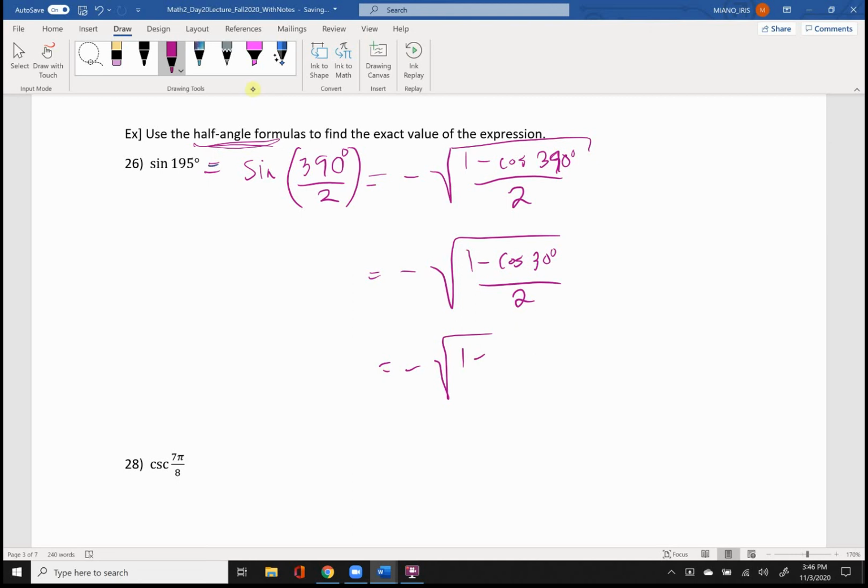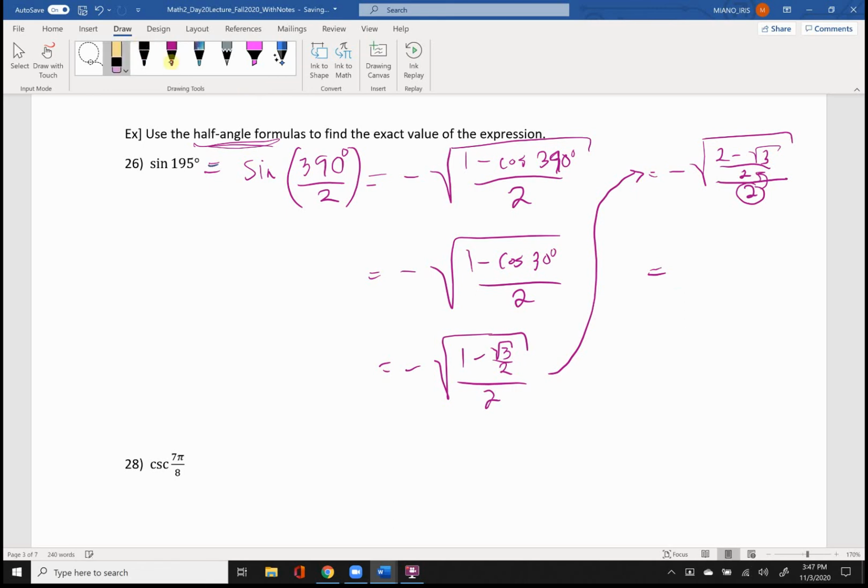So we will take 1 minus the cosine of 30 degrees, which is root 3 over 2, all over a 2. So we'll make common denominators happen here, and we'll get negative square root of 2 minus root 3 all over 2, but then it's over 2 again, so we get to use a little bit of algebraic trickery to say that just gets absorbed into that other denominator space in what I like to call the supernumerator, and that'll be negative square root of 2 minus root 3 over 4.